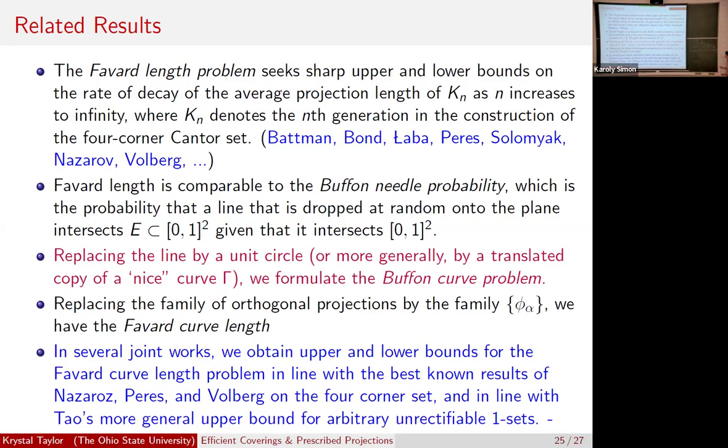Wrapping up. This result very much depends on the self-similarity of the four-corner Cantor set. You might ask if you can replace these with more and more general neighborhoods of purely unrectifiable one sets. And the answer is yes. This is joint work with Blair Davey and Laura Kladek, in which we obtain these upper bounds for the Favard curve length in line with Tao's quantitative Besicovitch theorem.